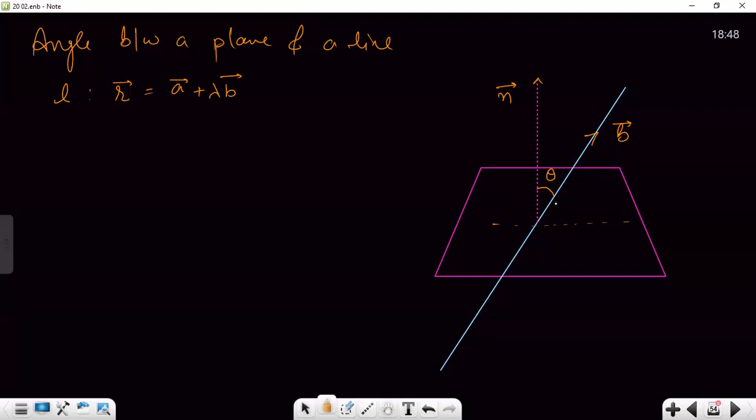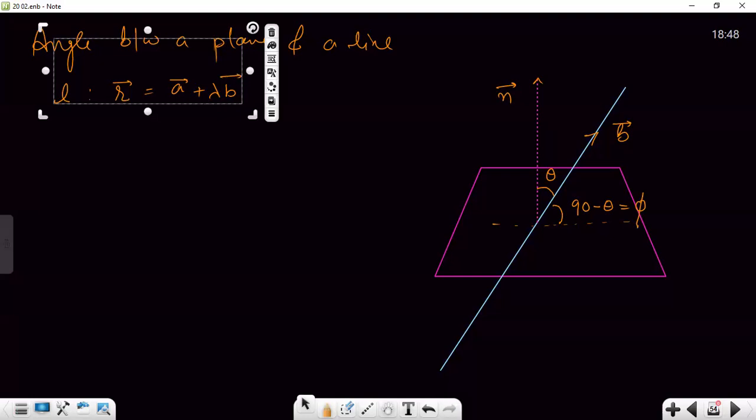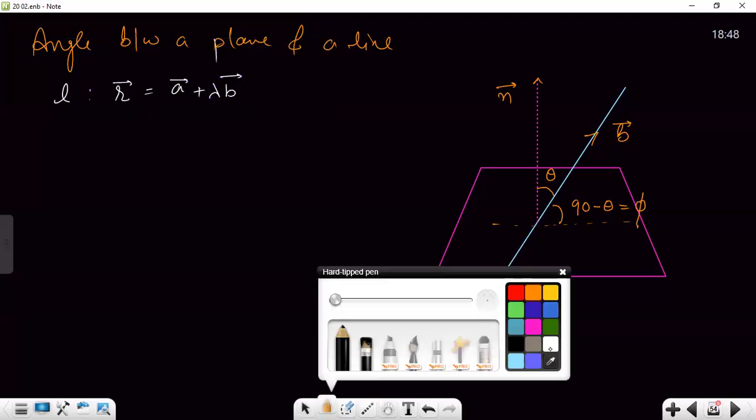The angle between the plane and the line will be 90 minus theta, which we are calling phi. And we have to find the phi, not the theta this time, because we are literally talking about the plane and the line. So the angle between the plane and the line is 90 minus theta.